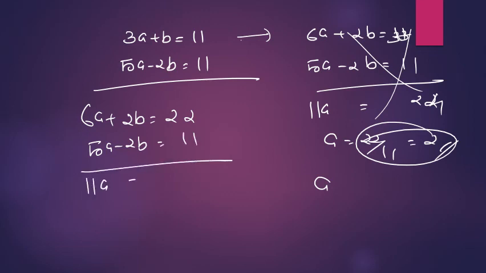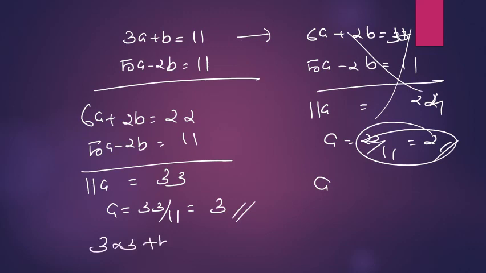Adding means 11a is equal to 33. A is equal to what? 33 by 11, 3. So 3 into 3 plus b is equal to 11. Implies b is equal to 11 minus 9. 11 minus 9 is what? 2.